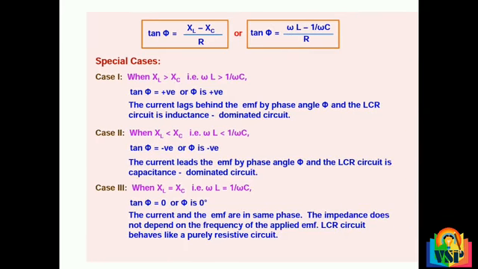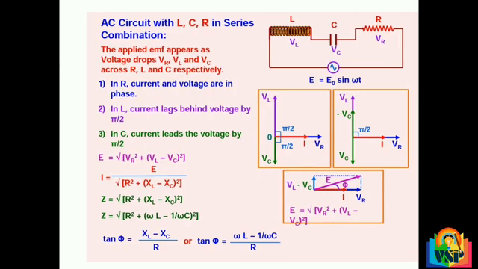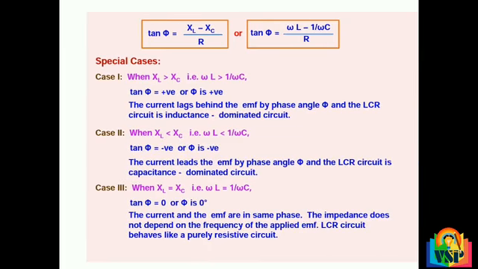Here special cases are there. Special case, case 1. In the impedance formula, root of R square plus XL minus XC whole square, when XL is greater than XC, that is omega L is greater than 1 by omega C, we get tan phi positive, or the phase angle is positive.